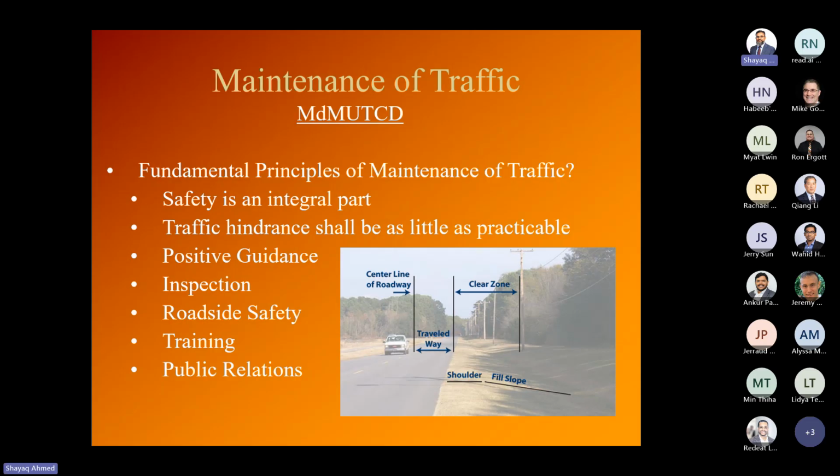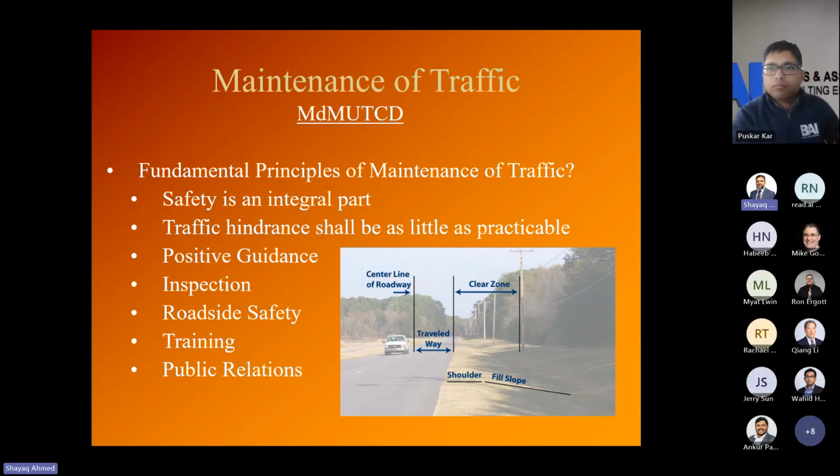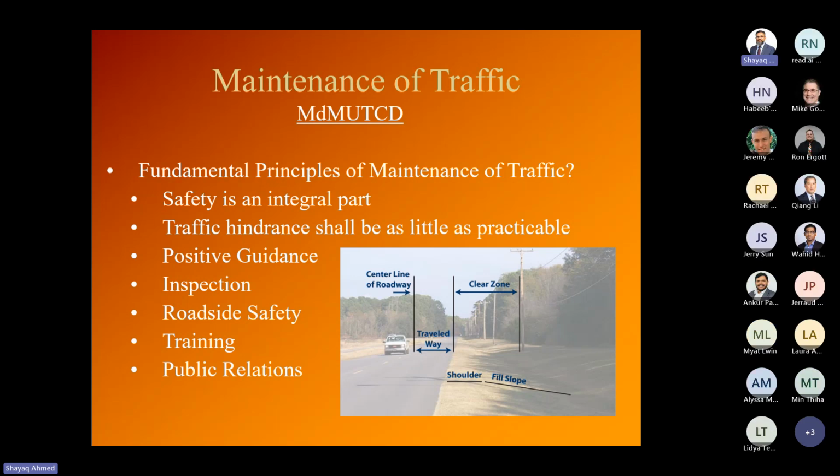For traffic hindrance, we should try to minimize the hindrance, as little as practicable. We should reduce the hindrance to traffic as much as possible. We should consider avoiding congestion and also avoid lowering the speed limits as much as possible.